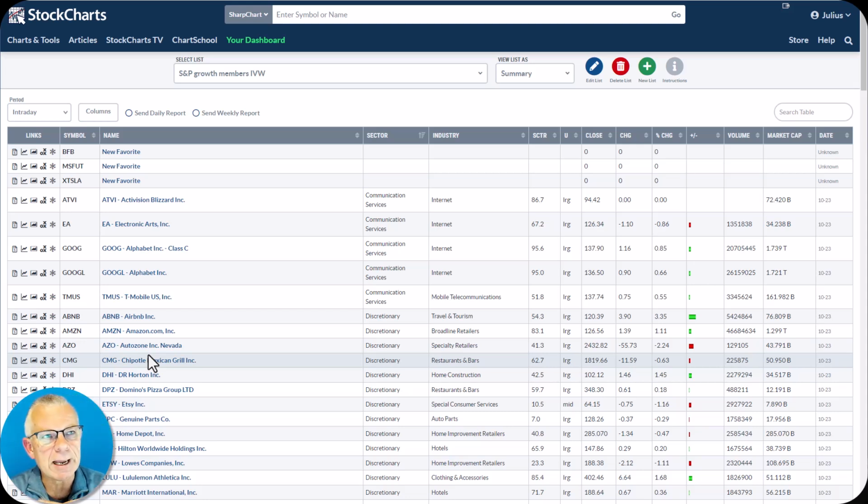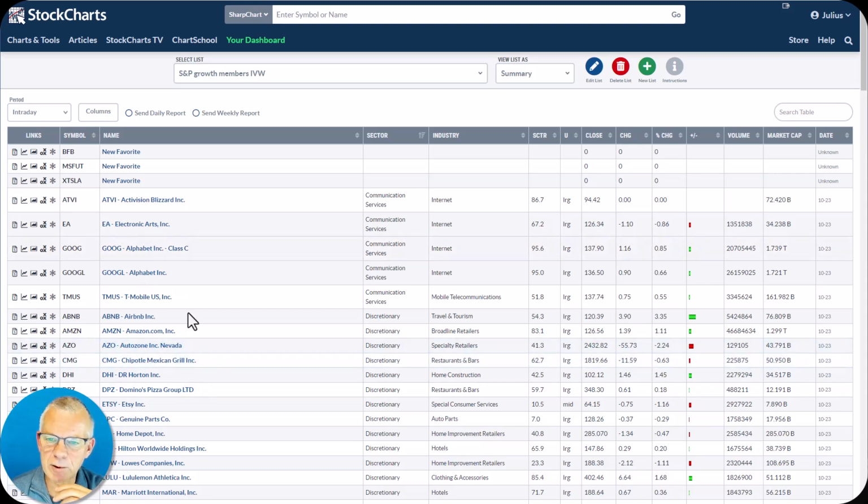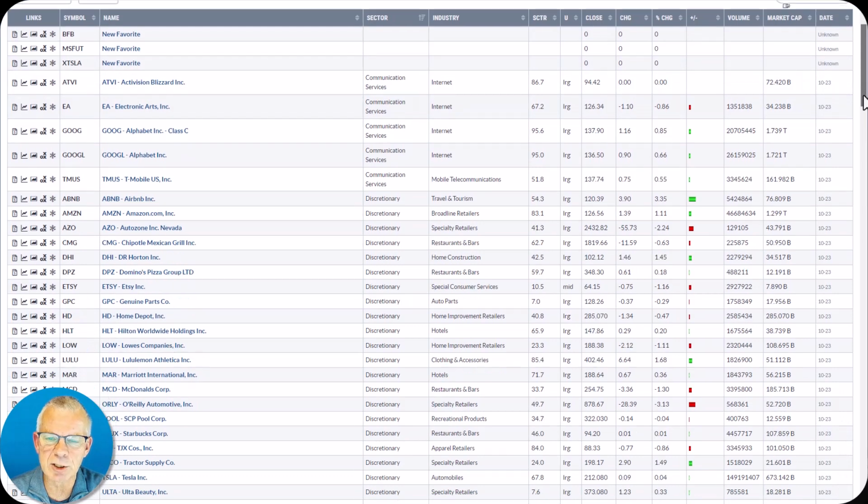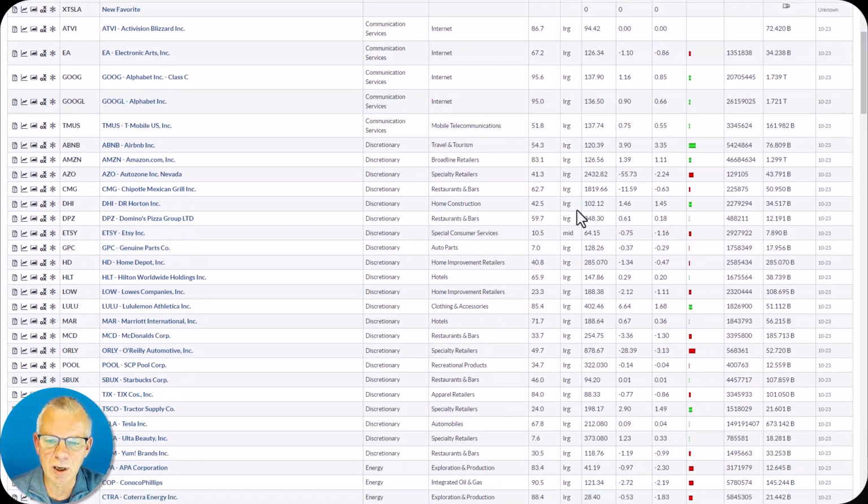Now you would think that this list would be dominated by technology, industrials, materials, consumer discretionary, like the traditional offensive cyclical growth stuff. But when you look at the list, and the good news is you can sort them here on the sector, you can see that there's actually a representation across a lot of sectors.